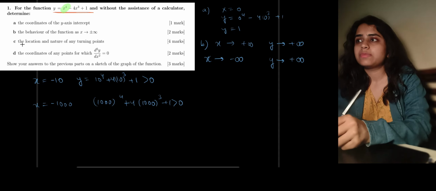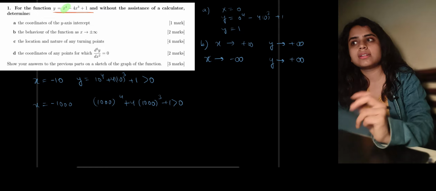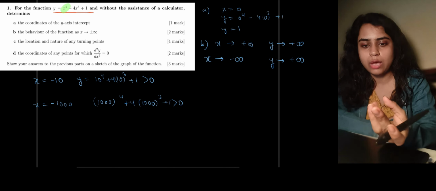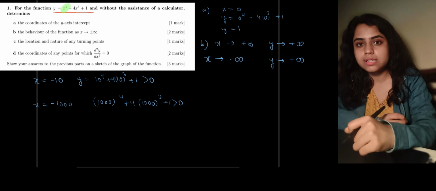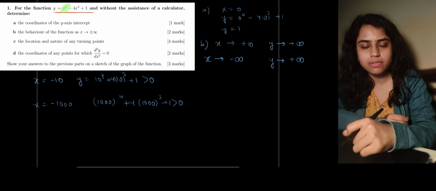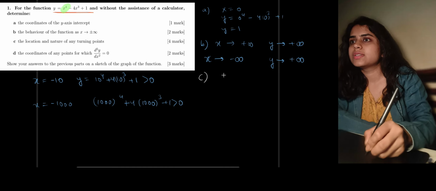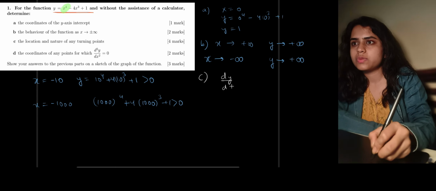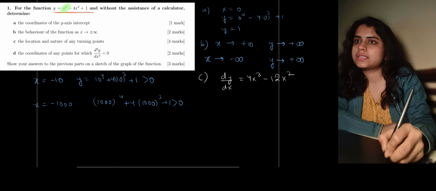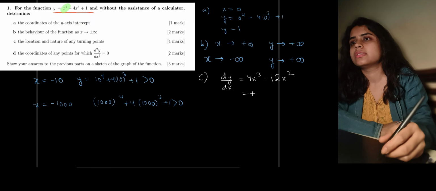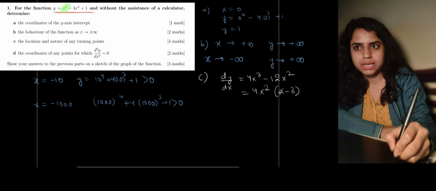Then comes: find the location and the nature of the turning points. Since this is a year 12 question, you are now aware of the second derivative. We find the critical points, or turning points, with the help of the first derivative and use the second derivative to determine their nature. So dy by dx is 4x cube minus 12x square, that becomes 4x square times (x minus 3).